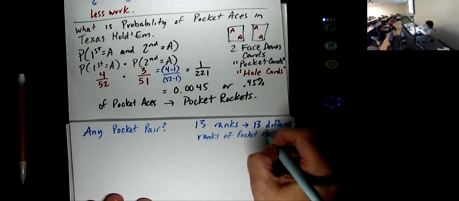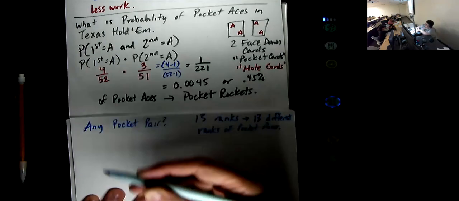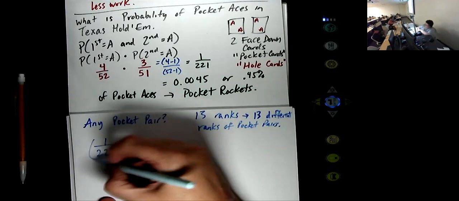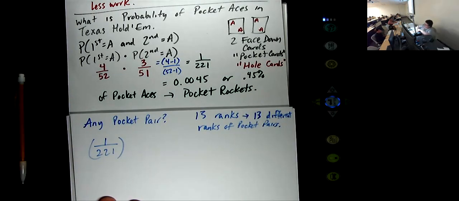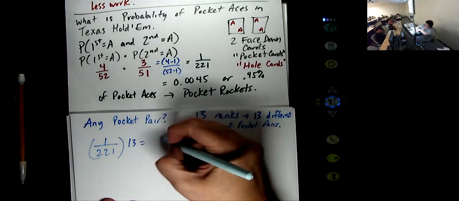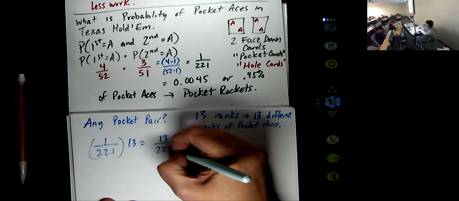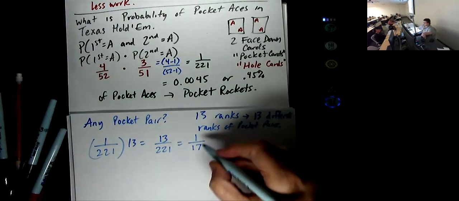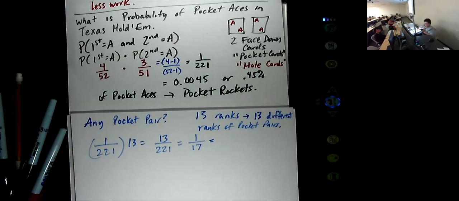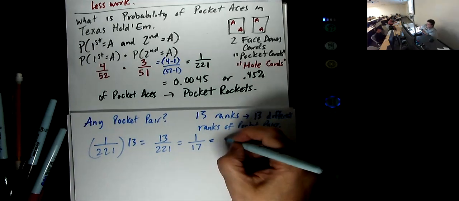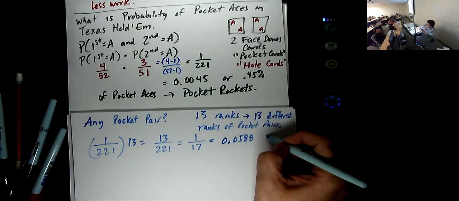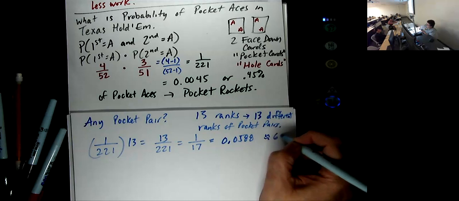Then we would do that 1/221 and we do it 13 times. And we would get 13/221, which is 1/17. That is 0.0588, which is approximately a 6% chance.